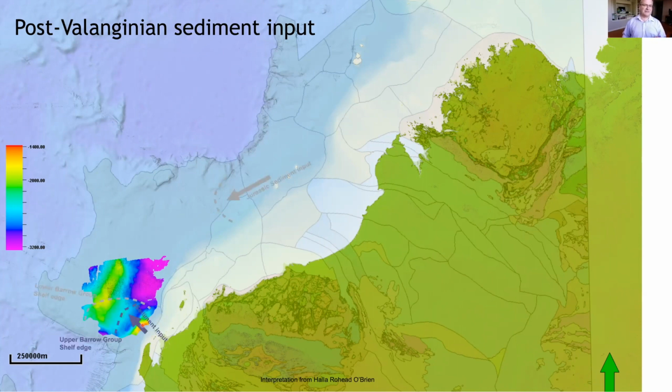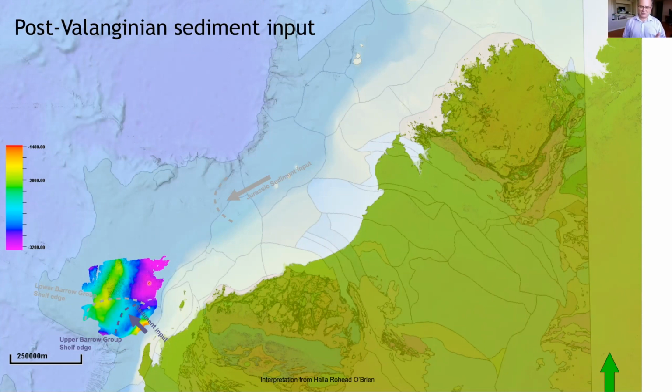So the uplifted Exmouth subbasin is now supplying sediment from this area, which forms a much smaller shelf feature here, but interestingly, it spills out around the front of the lower Barrow Delta to deposit its sediments, again, more broadly over the Exmouth Plateau.